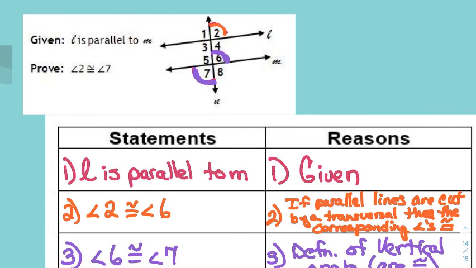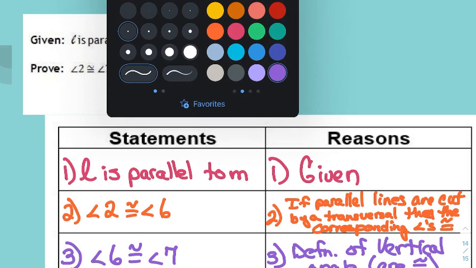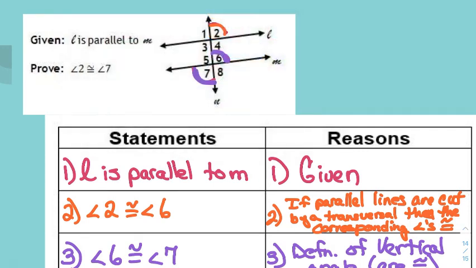Okay. Now, if angle 2 is congruent to angle 6 and angle 6 is congruent to angle 7, what must be true about angles 2 and angle 7? This is another example of the transitive property. So again, angle 2 is congruent to angle 6.